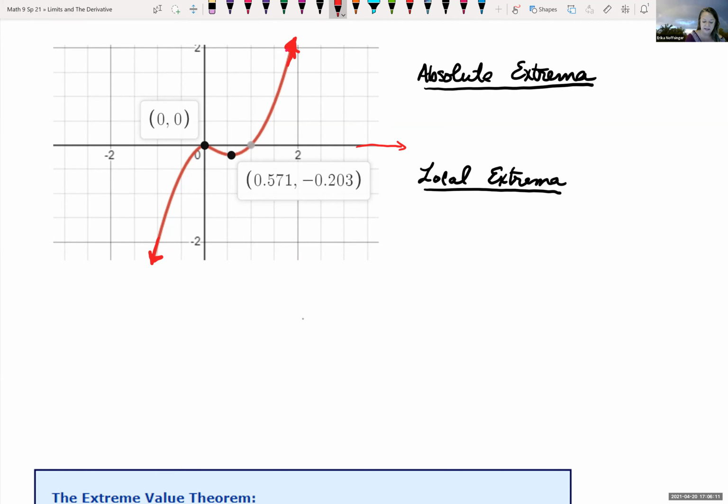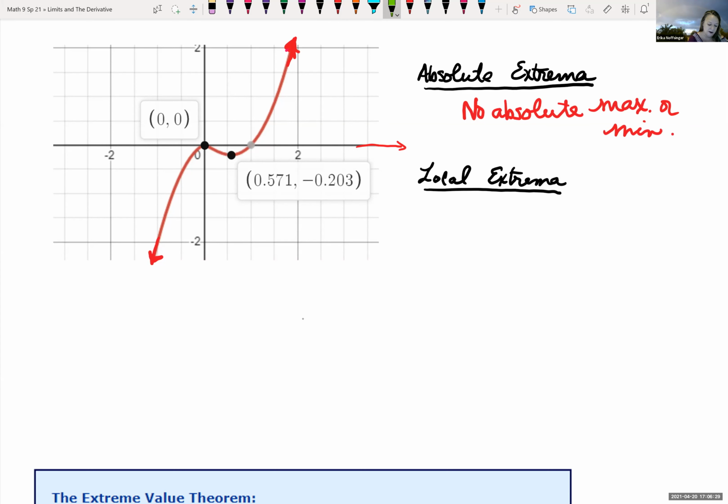So in this case, there's no absolute max or min. But we do have some local extrema.